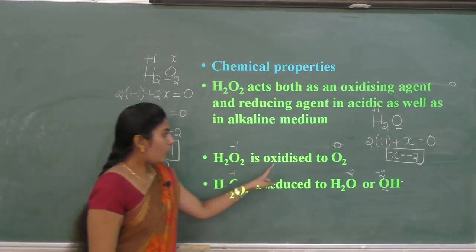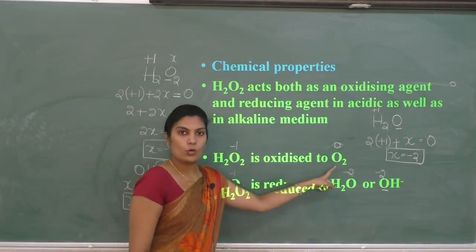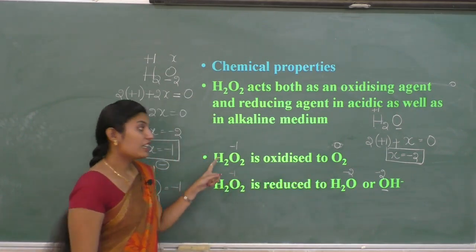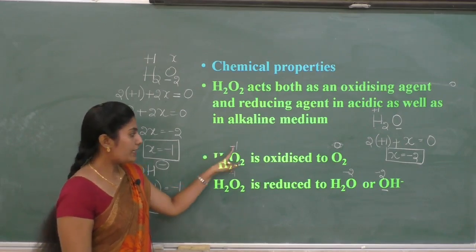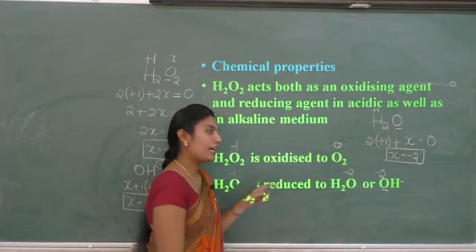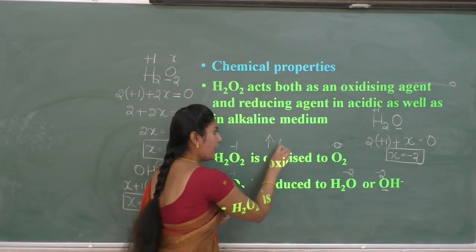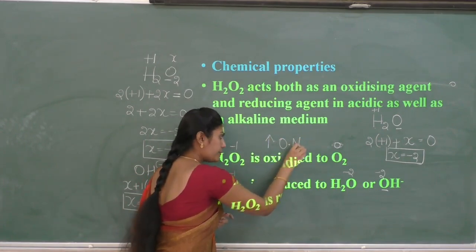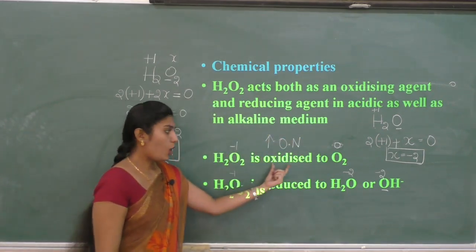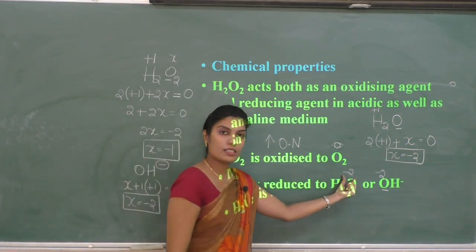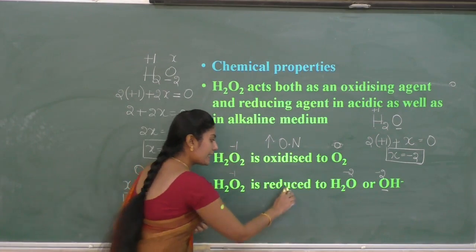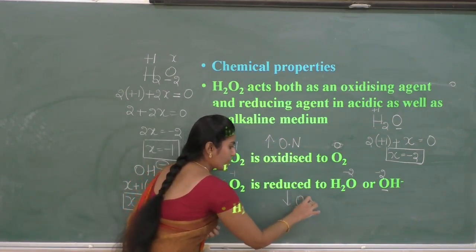H2O2 is oxidized to O2. That means there is an increase in oxidation number. From -1 to 0 means there is an increase in the oxidation number. It is called oxidation. Here, from -1 to -2 means there is a decrease in the oxidation number.